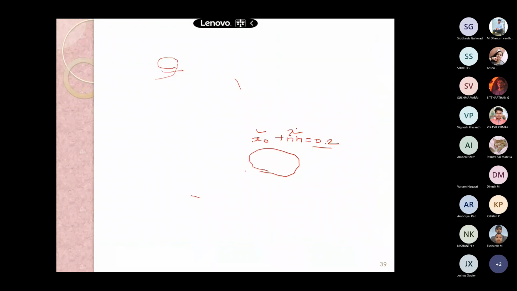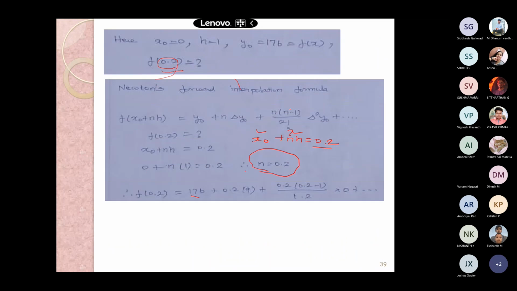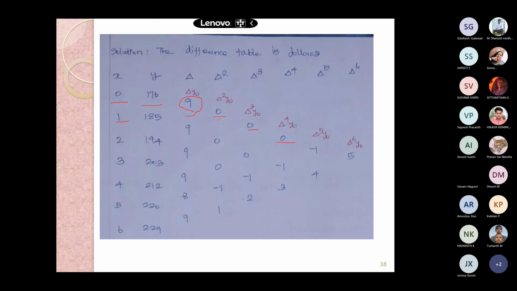When the factorial values increase, the denominator grows: for the second difference we deal with 2 factorial, and for the fifth difference the denominator is 5 factorial.